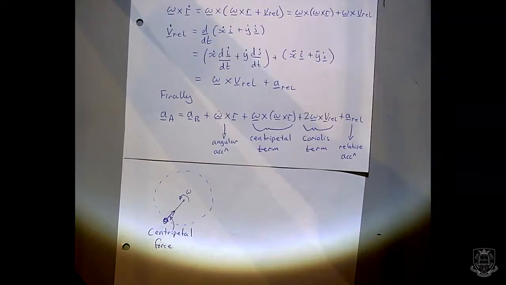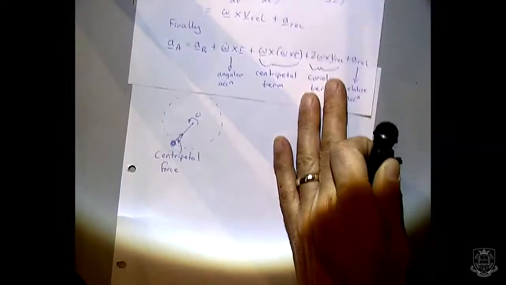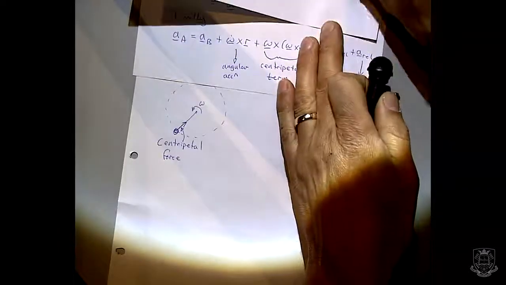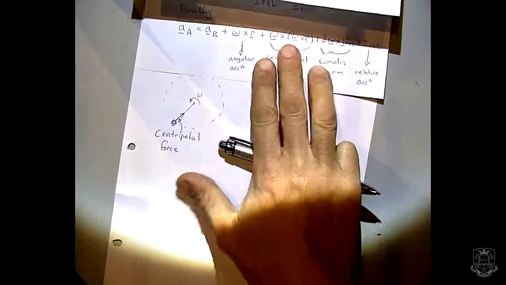What about the Coriolis? One way to try and explain that is to think about a rotating disc.